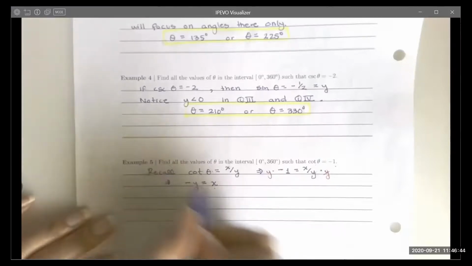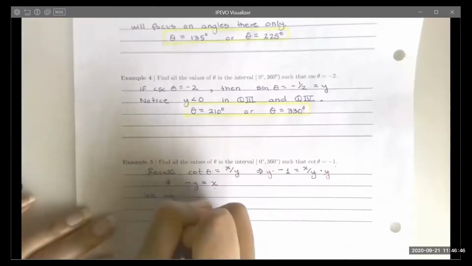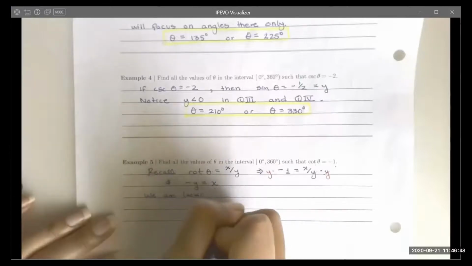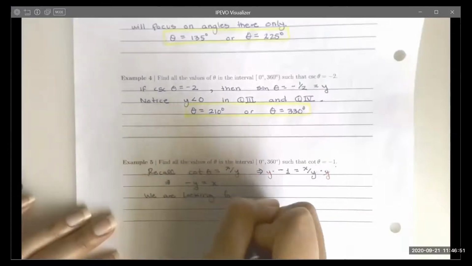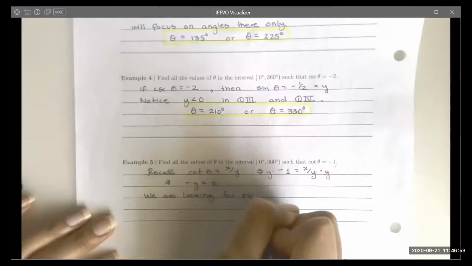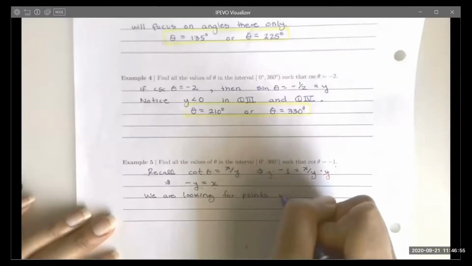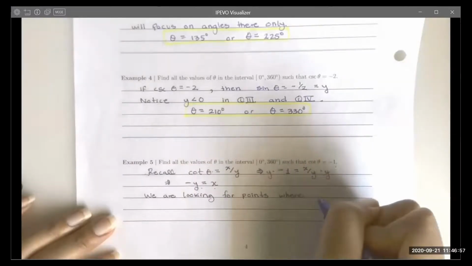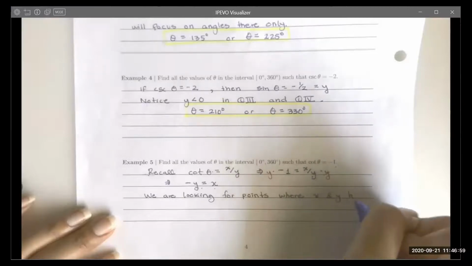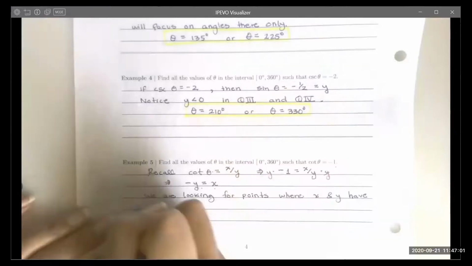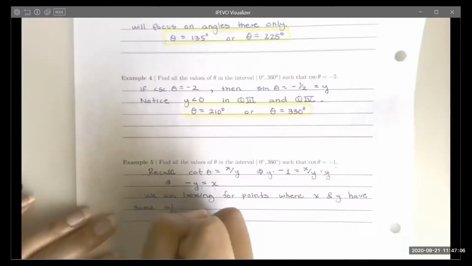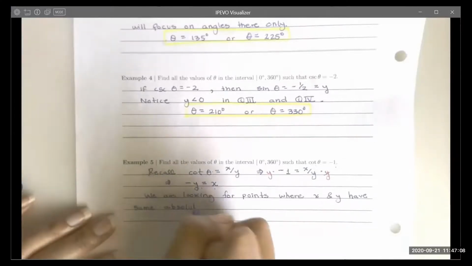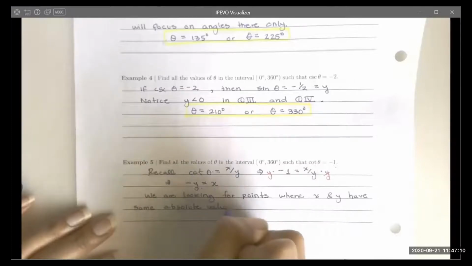Okay, we are looking for points where x and y have the same absolute value, but opposite sign.